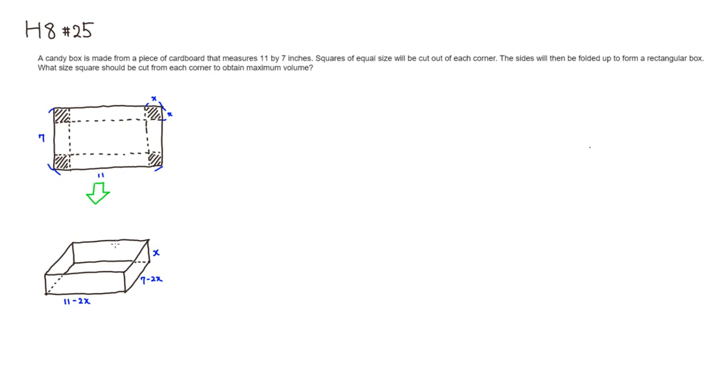like that. So the dimensions of the box: the height is going to be x, and since you take away x's from 7, you have 7 minus 2x, and the other side is going to be 11 minus 2x.